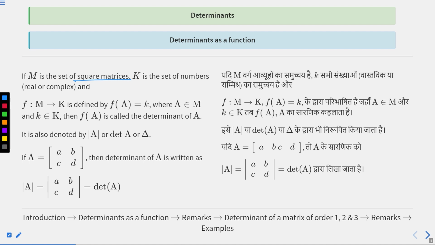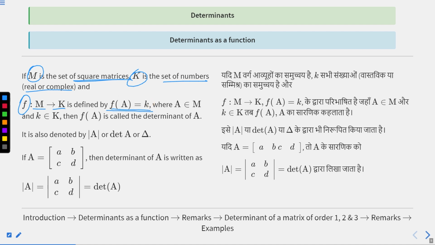Now M is the set of square matrices, and K is the set of numbers, real or complex, both. So F is a function from M to K. It is defined as F. The domain is the set of all square matrices, so the input is a matrix and the output is going to be K. As we are defining a function, all the properties of a function are going to be satisfied.